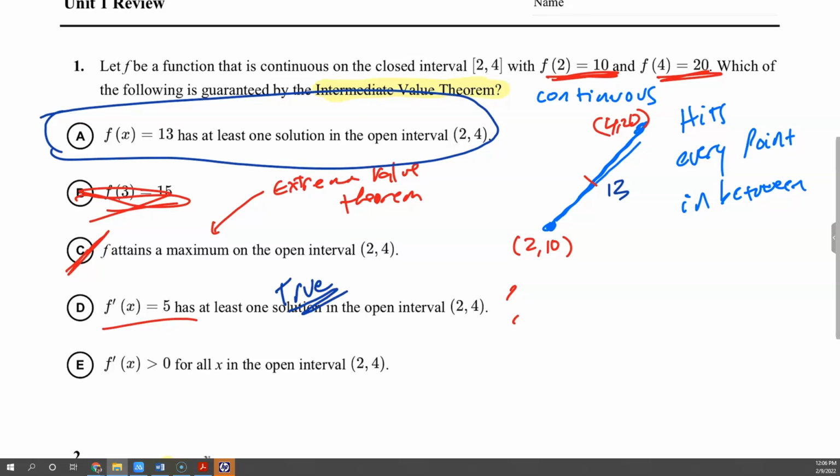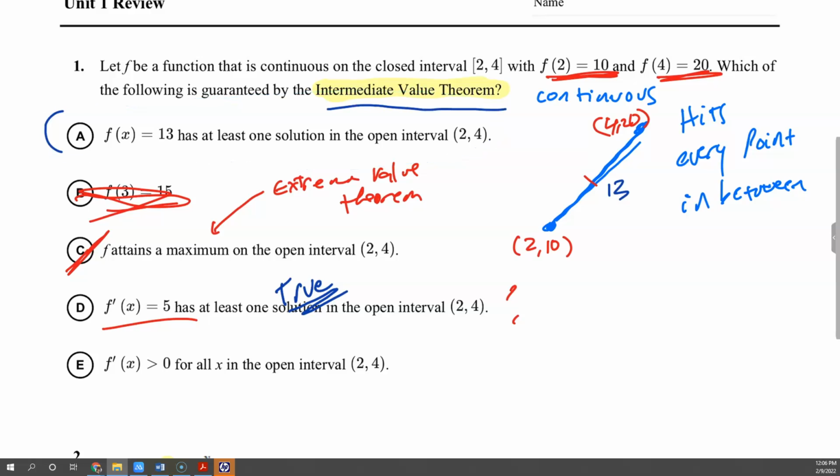Hold on. It's true, but not by the intermediate value theorem. It's true by something else. So that is a true statement, but that's not what the intermediate value theorem says. Make sense? Okay, cool. But yes, that is a true statement. Oh, you guys, that's mean value theorem, right? Derivative equals slope? That's mean value theorem.